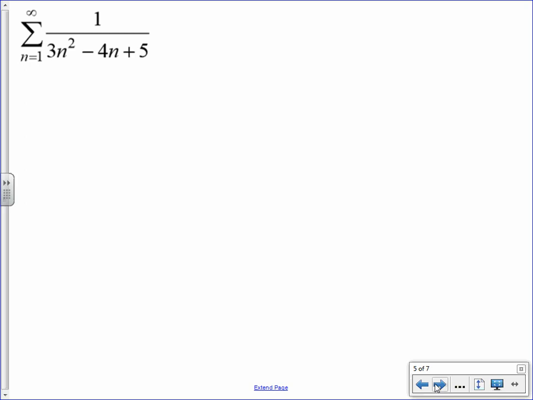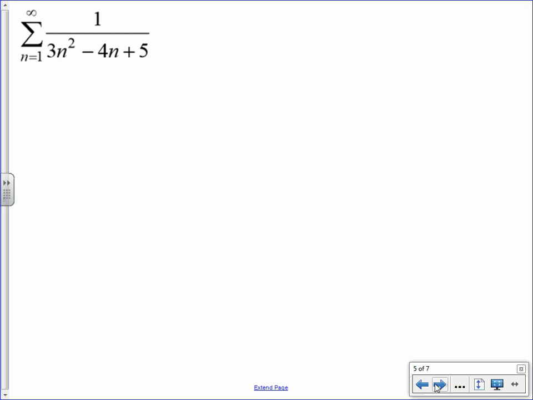Okay, so if we use our logic for picking a series from our last example, we would probably choose 1 over n squared. Now, do you really want to prove that that is either always bigger or always less than 1/n²?